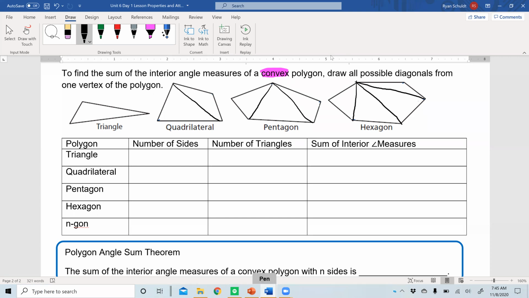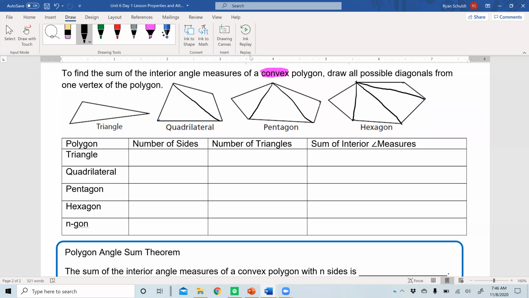So I'm now connected on all these shapes. I started at a point and I connected that point to every angle there. And what do you notice they all make? They all make triangles.